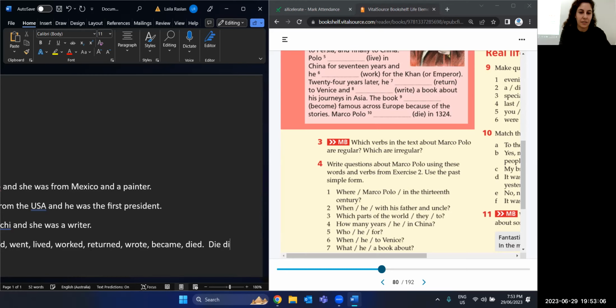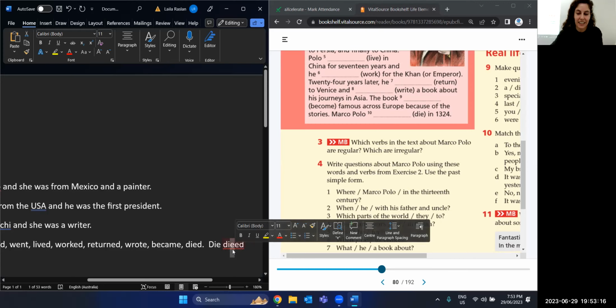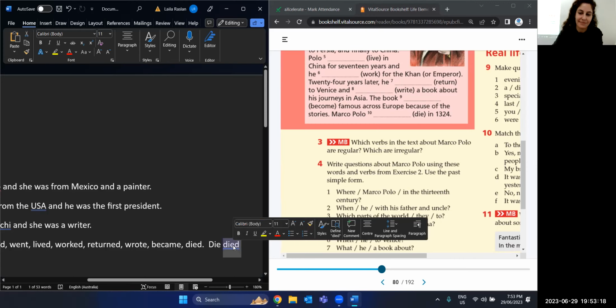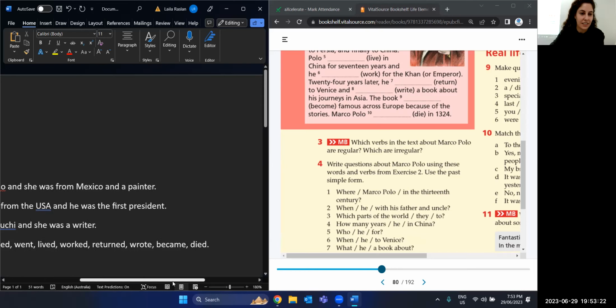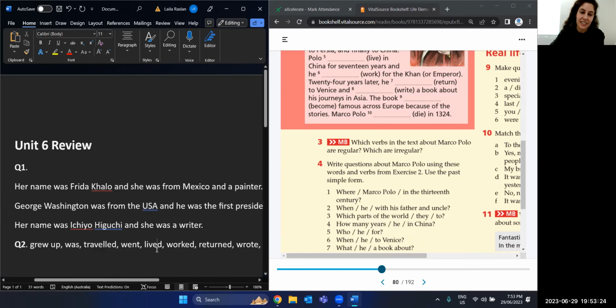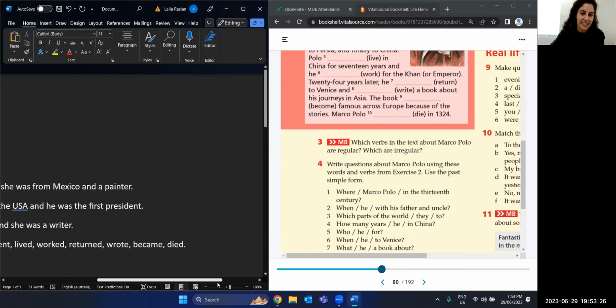So really, if it was regular, you would add an ed. So it's kind of a little bit irregular because it deletes an e. It's the same. Lived. Ah, yes, because they end in e.